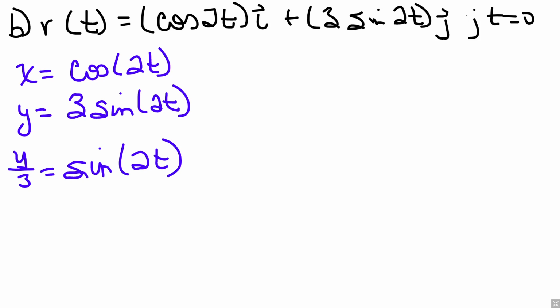Now I'm going to use something in trig that's going to allow me to get rid of the trig. I've got a relationship between sine and cosine, and it's an identity. So what identity can I use to get rid of sine and cosine? It's thinking of this in a way that you traditionally don't think of it.